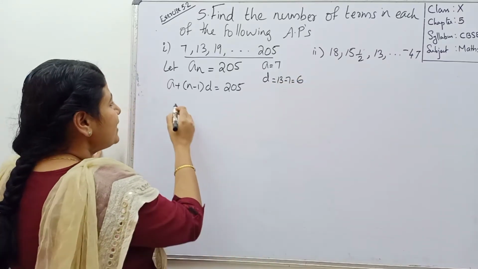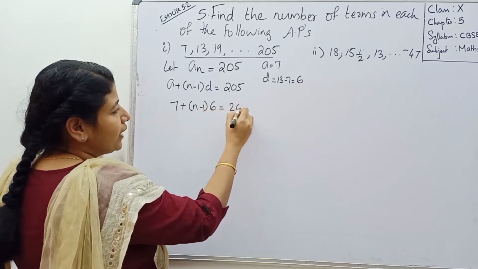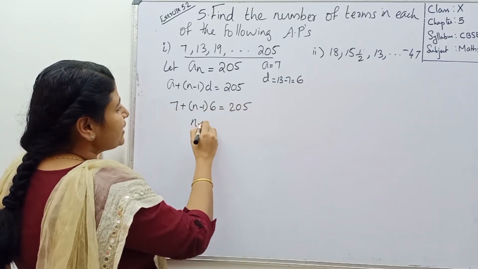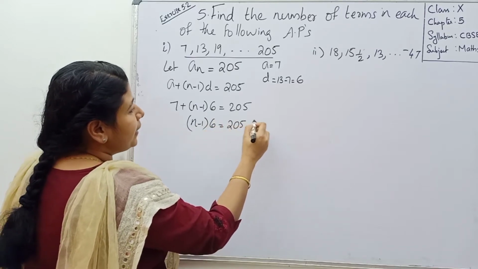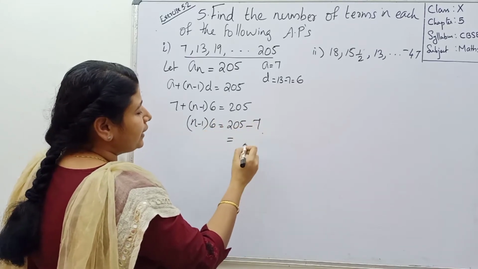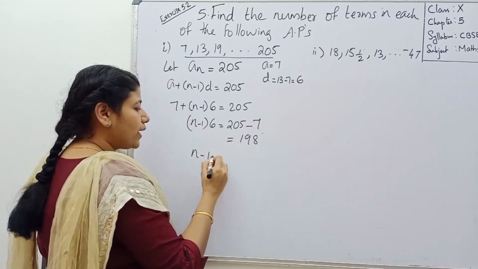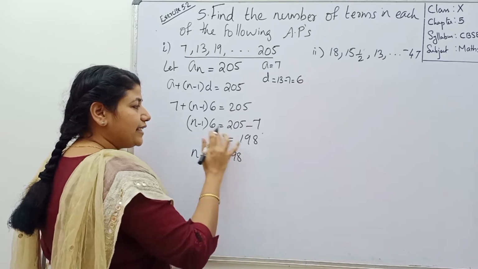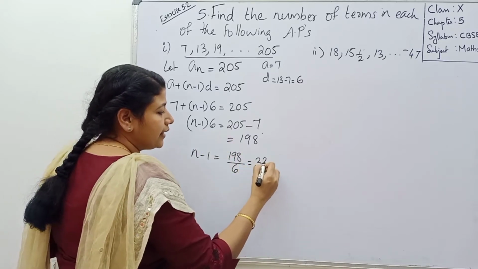Substitute all the values. 7 plus n minus 1 into 6 which is equal to 205. n minus 1 into 6 equal to 205 minus 7. So we will get 198. Now n minus 1 equal to 198 divided by 6. Then you will get 33.